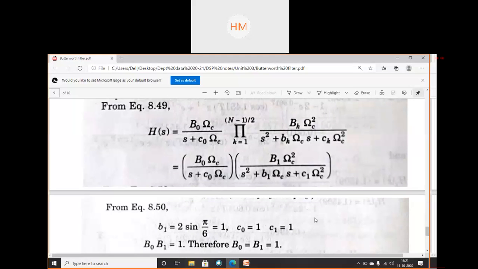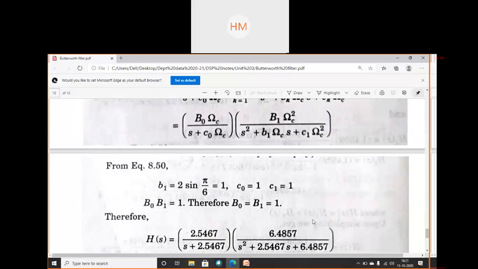B0, B1, put all these values in the equation, and your H_A(s) transfer function equation will be this. Simplify it in your copy. Simplified?